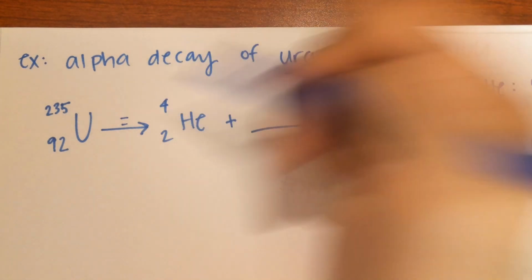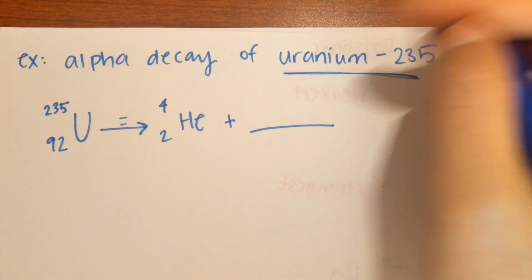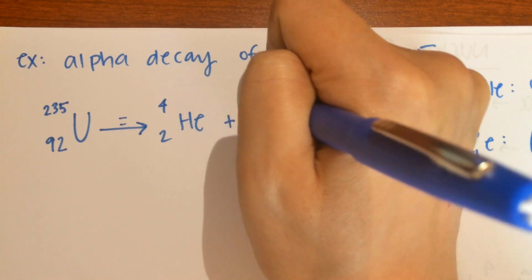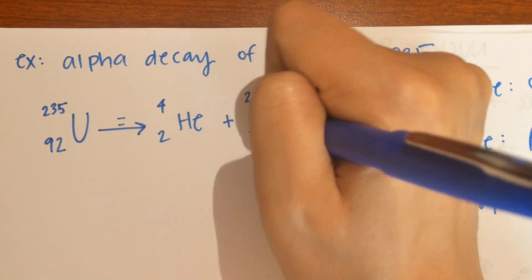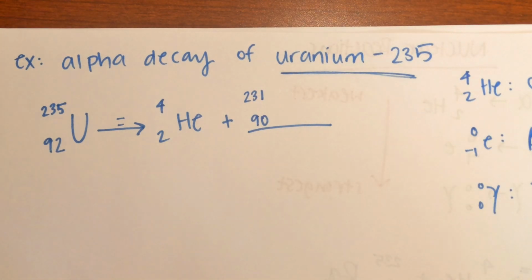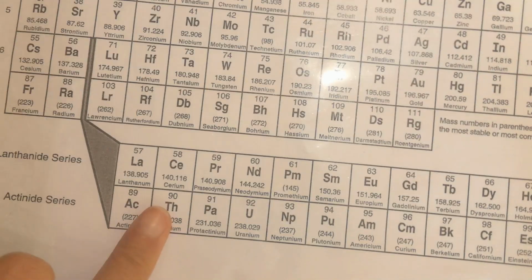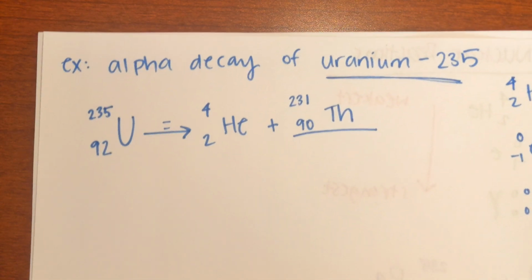Okay? So, the top number, 235, equals 4 plus 231. Bottom, 92, equals 2 plus 90. And then number 90 on the periodic table is thorium, Th.